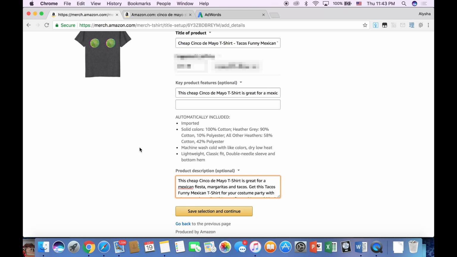But if I do notice a particular t-shirt is not selling, then I always go through this process and try to refresh my keywords. Usually if a t-shirt is not selling in, I don't know, a week or so, that's when I rotate through different keywords and different combinations of words to figure out what's going on. Does this design really suck, or is no one really seeing it because my keywords suck?